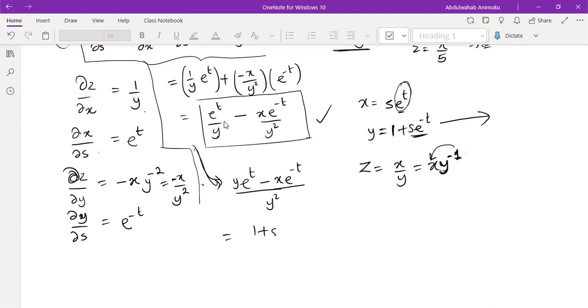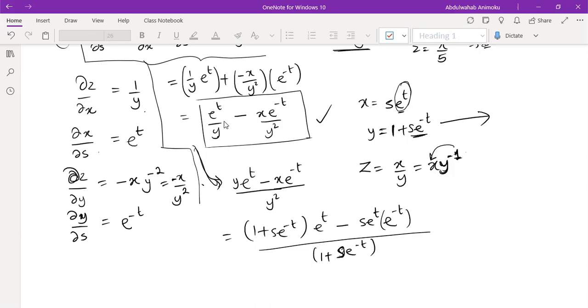Y is 1 plus s e raised to power minus t, times e raised to power t, minus what is x, s e raised to power t, times e raised to power minus t, all over 1 plus s e raised to power minus t. So you can quite do this. And if you open the bracket, you would have e raised to power minus t times e raised to power t. That is just 1. That will be e raised to power 0, and that will give us 1.